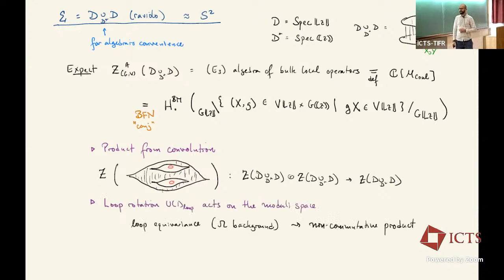Should also say as an aside, these algebras Z of S2 that show up in gauge theories all have quantizations, and quantization comes in physics from what's called the omega background, and here it comes from turning on equivariance with respect to the action of loop rotation on these disks.